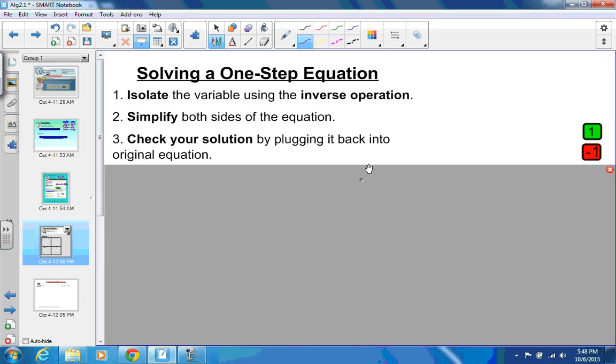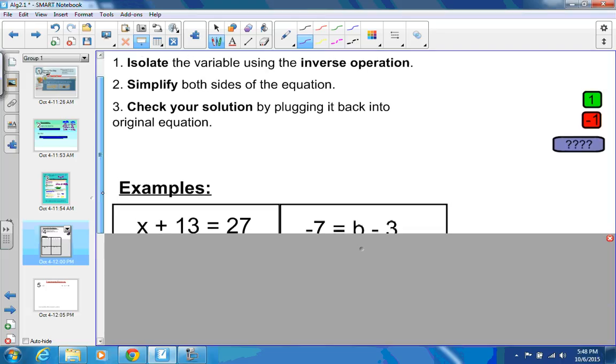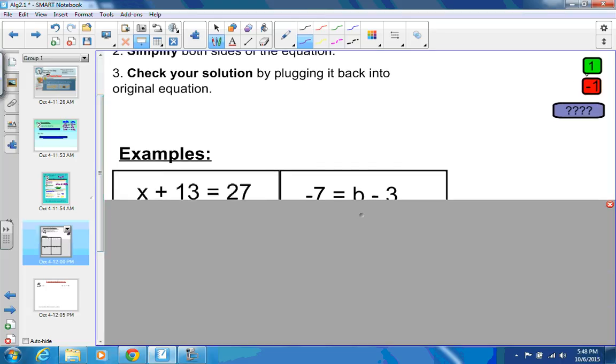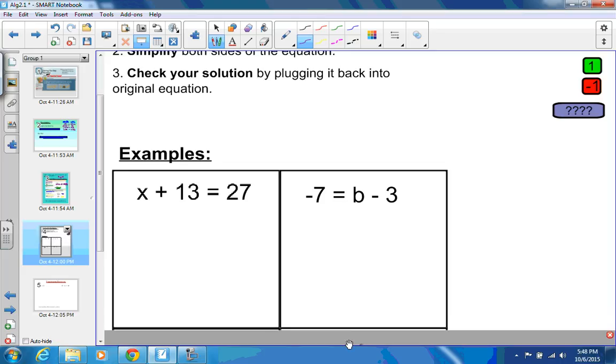The original equation. I'm going to give you a couple of examples using these different steps, and I'm also going to use these blocks over to the right for a couple of them, just to see if you prefer that visual. We're going to start with x plus 13 equals 27. So my x is my question mark.